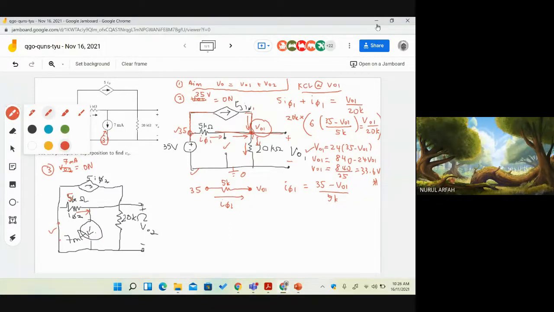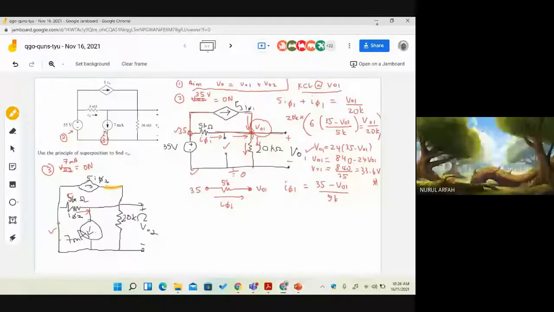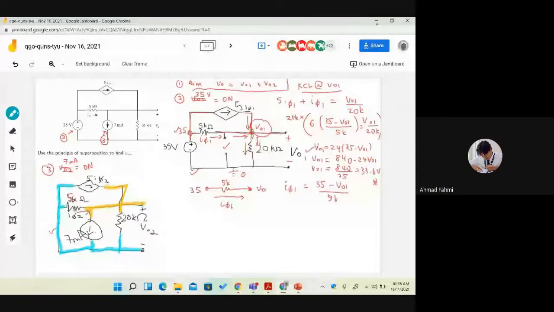Okay, wait a moment. This one is a node. See? What do you think? Analysis.